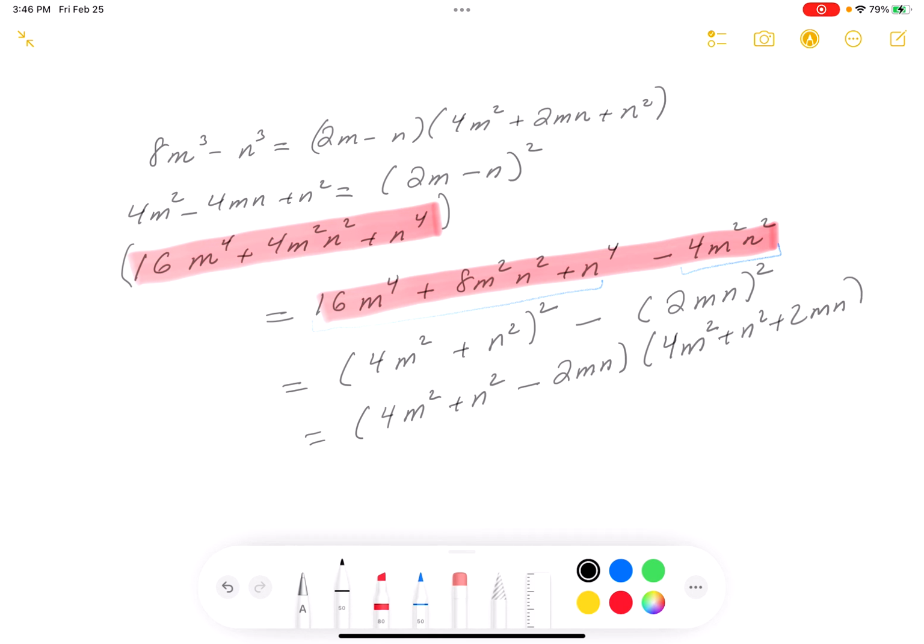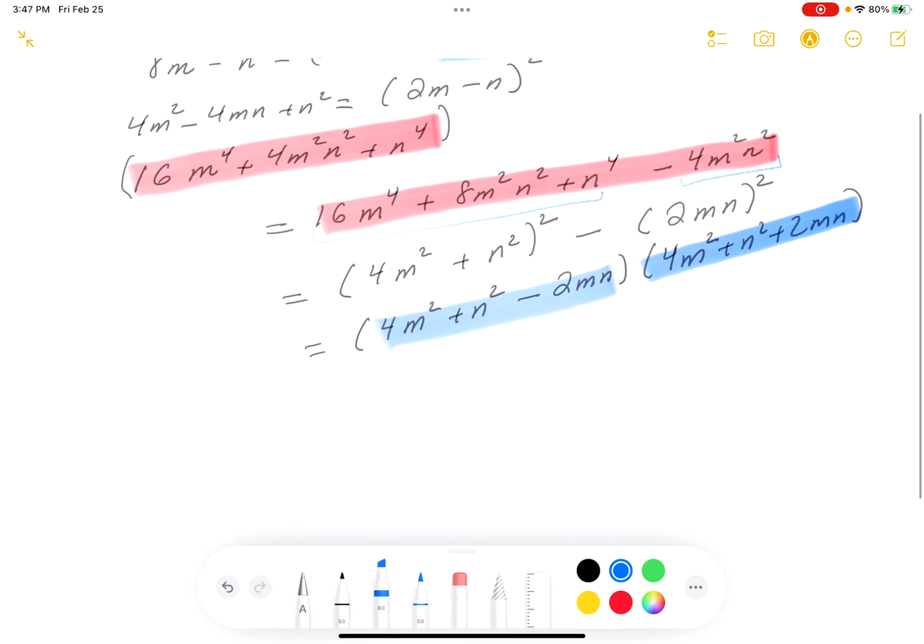Now, what I notice kind of remarkable about this is that they have some factors in common. So, for example, this is the same factor as this guy over here. Unfortunately, this guy over here, you can try to factor that, but you're just not going to go anywhere with it.